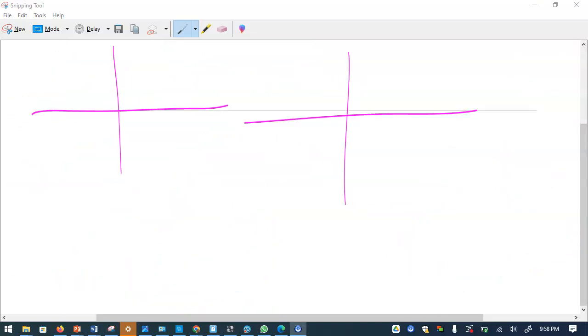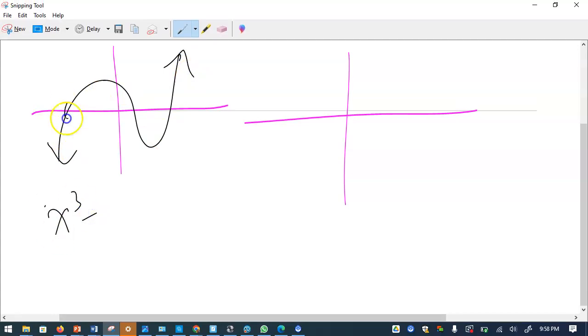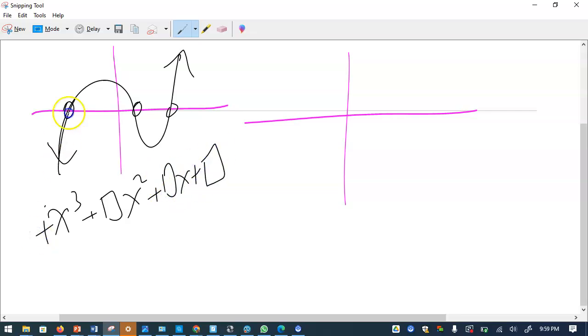And the same cubic function, suppose it was this way, and maybe this was x cube, and I'm going to write something here, maybe this way, plus something x squared, and then plus something x and plus something here. If it is positive, this is what it is.